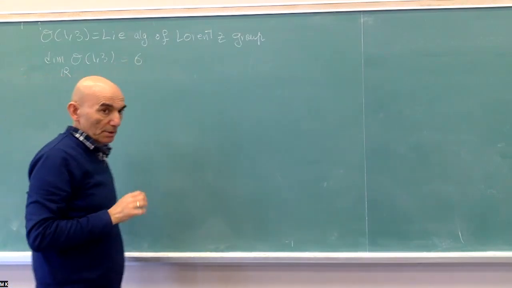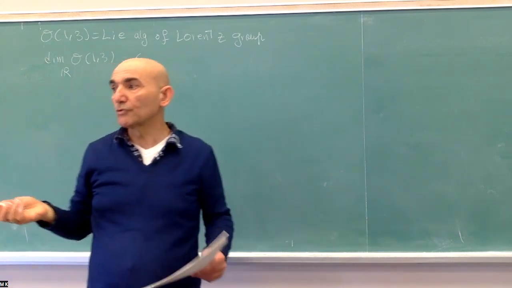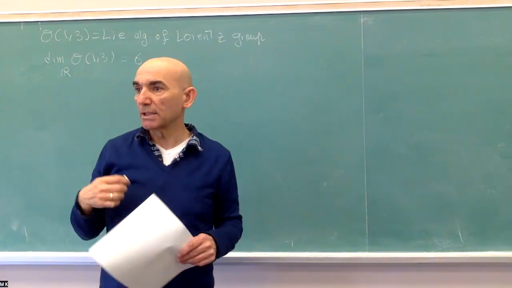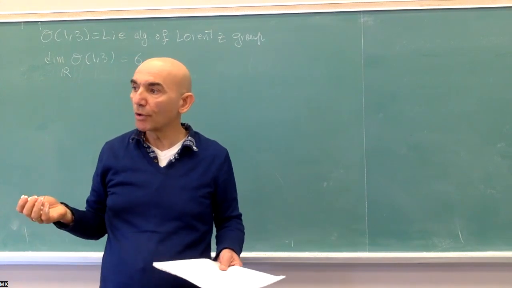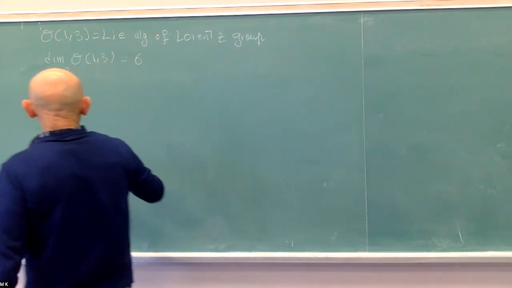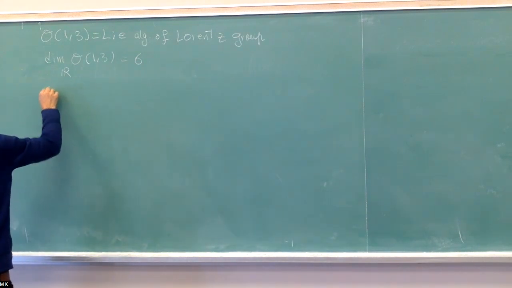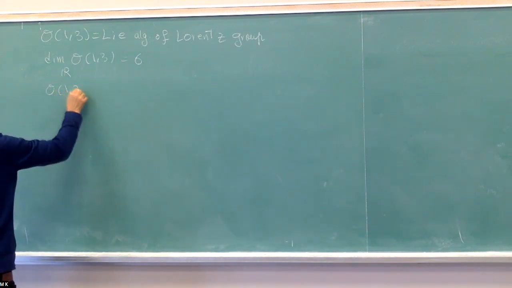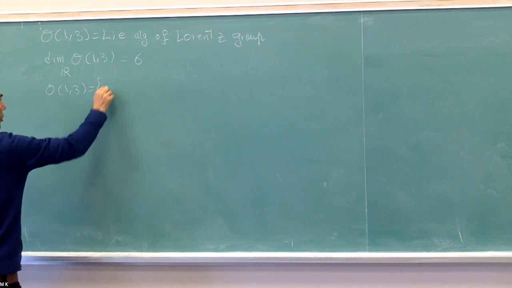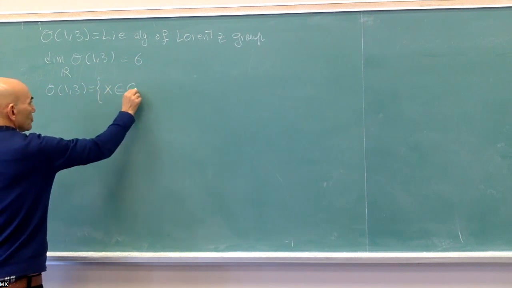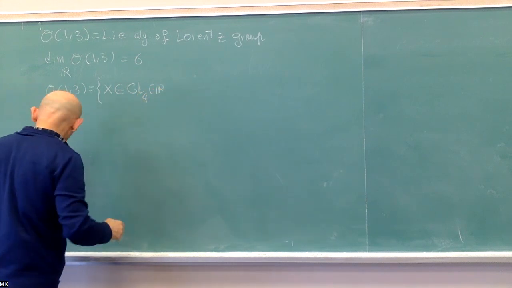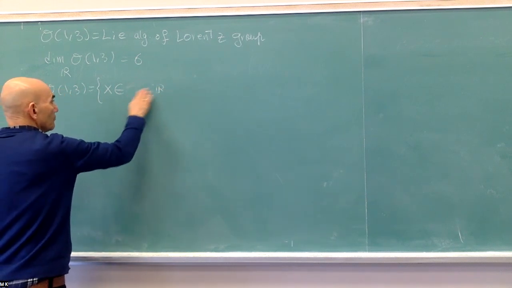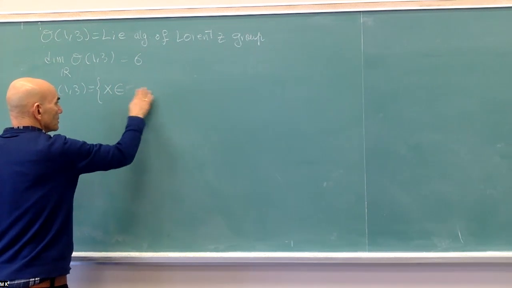And in fact, we know how to describe this Lie algebra as a Lie subalgebra of GL4. O(1,3) is the set of X belonging to 4x4 matrices. Sorry, just not invertible, just 4x4 matrices.